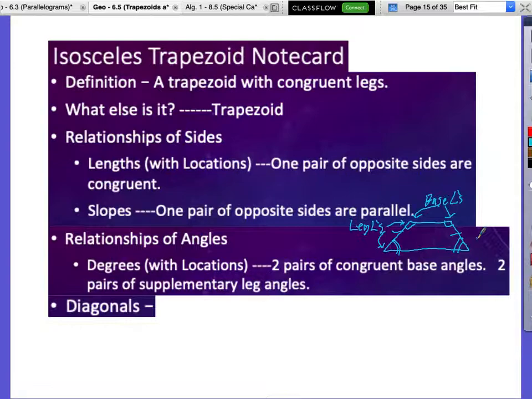The base angles on the top are congruent, the base angles on the bottom are congruent, but not to each other. And the leg angles are still supplementary, just like a trapezoid. So the difference here is that the base angles are congruent in addition to what we had before, supplementary. Cool beans.